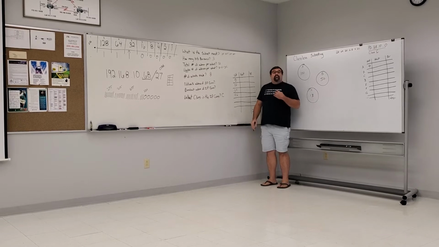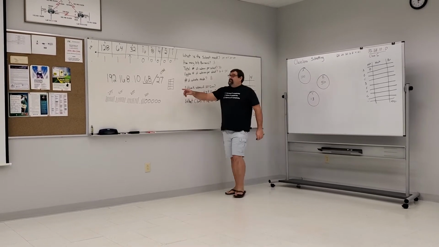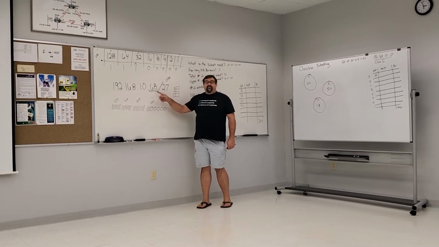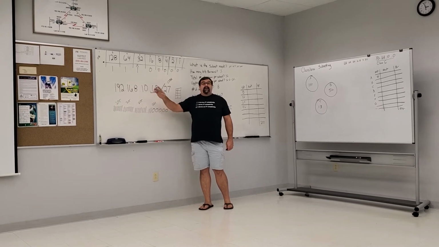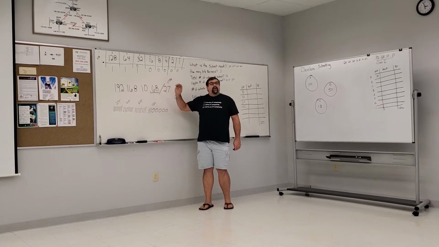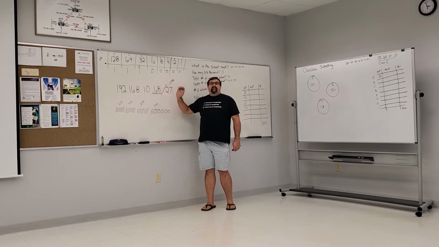And like I said to y'all before, the reason I like making this chart is because as long as this number stays the same, this IP address could be anything. It could be absolutely anything. It could be 193.16.2.108. It could be 10.10.10.57.